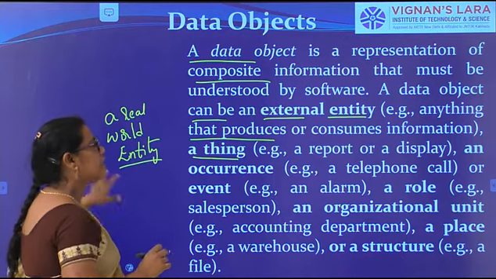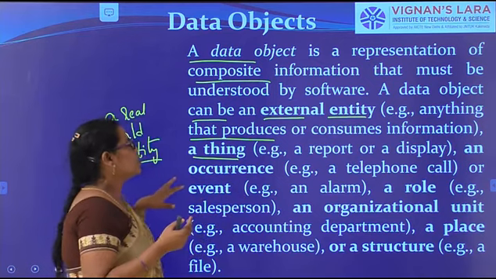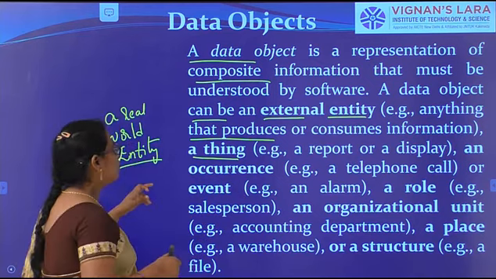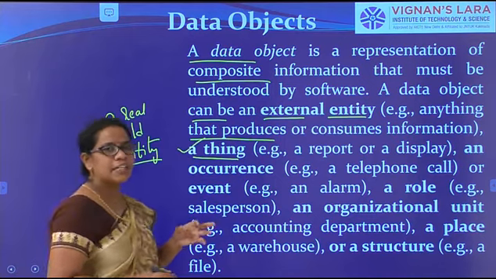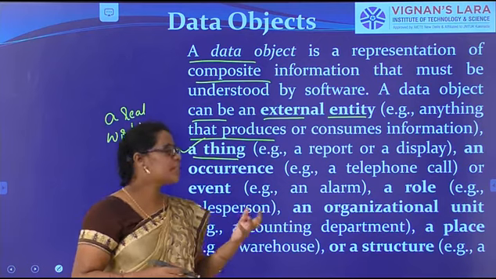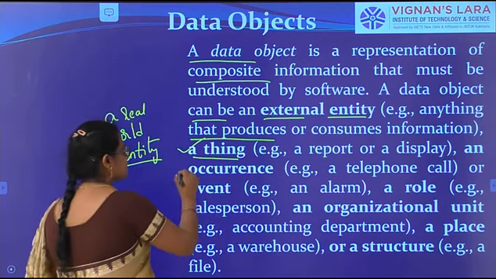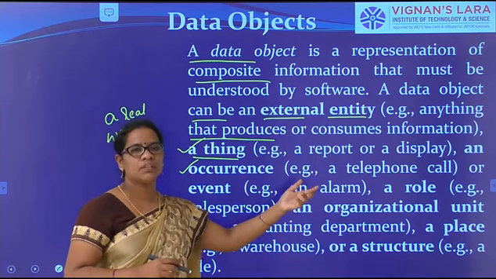Okay, this real world entity can be something that may be external or internal. For example, the first one is a thing. It may be a report, or some message being displayed, that can be an object. The second one is an occurrence, for example a telephone call.